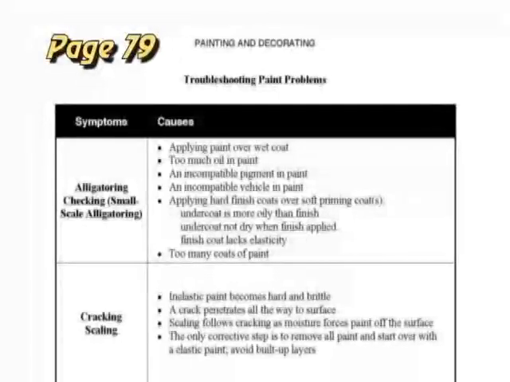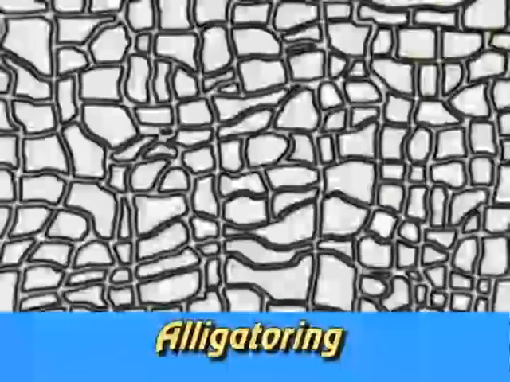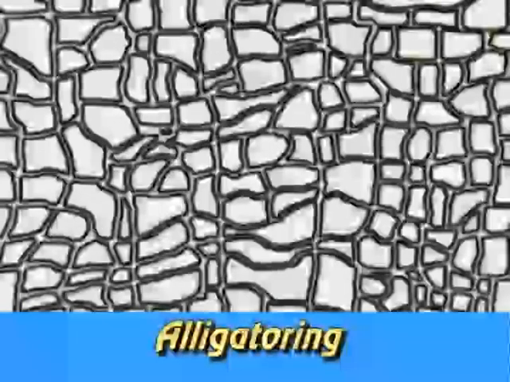Troubleshooting paint problems. Let's look at our chart here on this page. Alligatoring, or checking as it is, small scale alligatoring, is a problem that comes up often enough. One of the reasons, first reason there in the list, is applying paint over a wet coat.